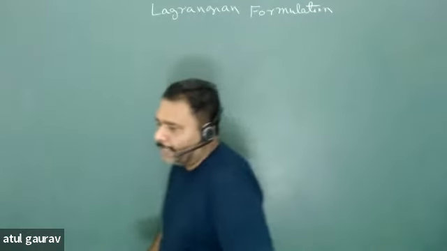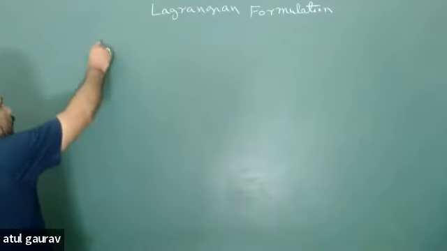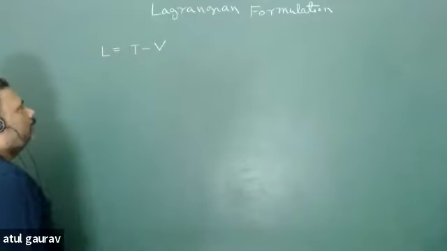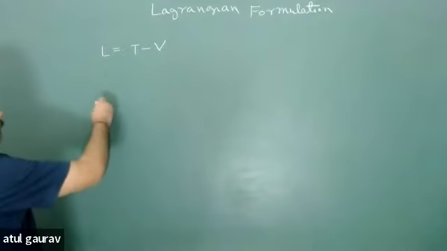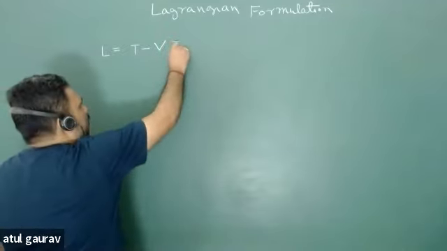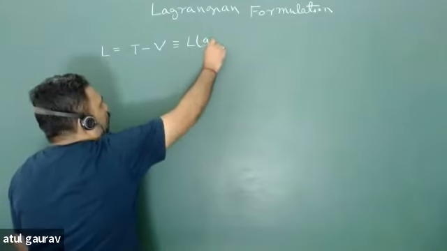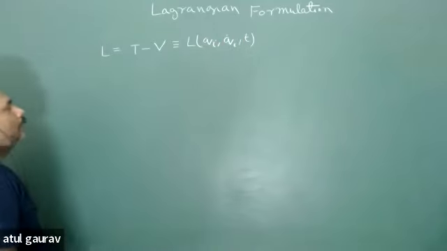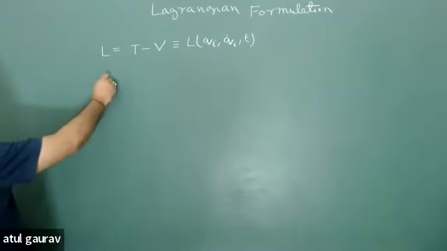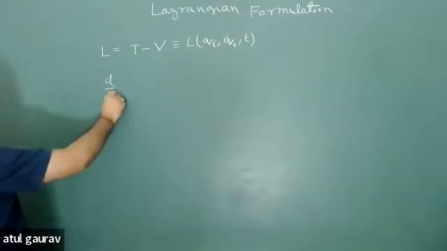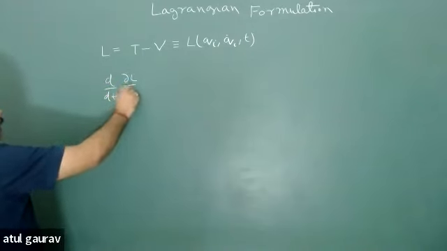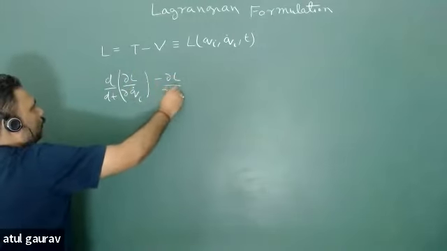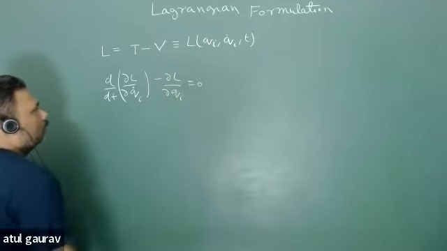So obviously, we have the Lagrangian L, and right now I can just say this is T minus V. This is a function of generalized coordinates, generalized velocities, and obviously time. At the same time, we have the equation of motion: d/dt of del L upon del qi dot minus del L upon del qi is equal to 0.